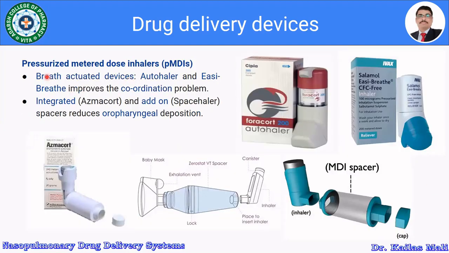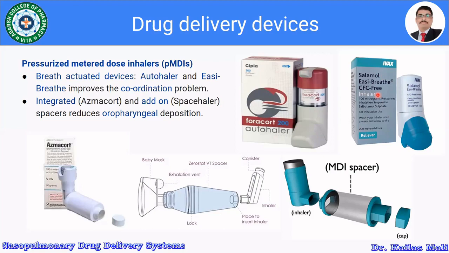Let us see the examples of the pressurized metered dose inhalers, that is pMDIs. The very first one is a breath actuated device, that is the Autohaler and Easi-Breathe, which improve the coordination problem.